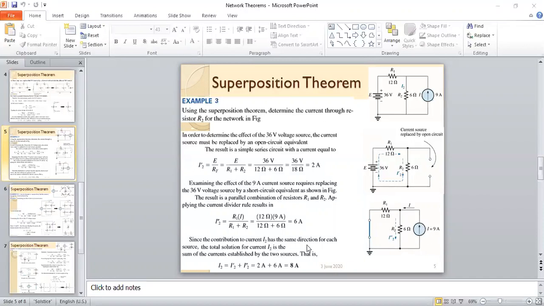So I double dash is equal to R opposite, which is the 12 ohm resistance, divided by R opposite plus R same. This is R opposite, this is R same. We add these in the denominator and then multiply by the total current. This is our current divider rule, which we already studied. If you use the current divider rule, we get 6 ampere current over here.